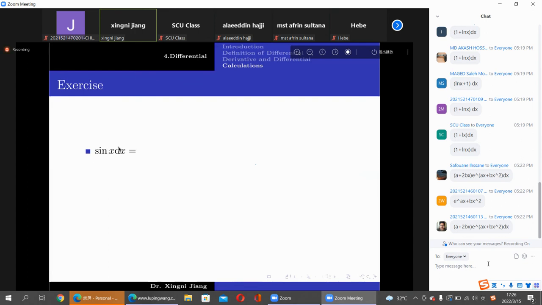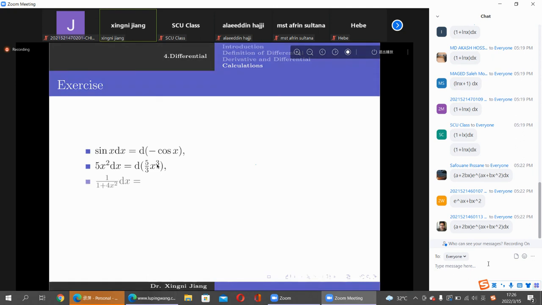For example, sin x dx is equal to the differential of negative cosine x. And 5 multiplied with x squared dx, the original function, this is the differential of 5 over 3 x to the power of 3.